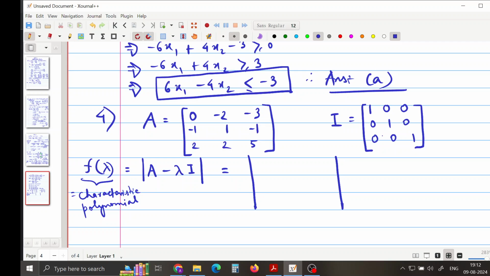All these elements minus 2, minus 3, minus 1, which are not along the principal diagonal, will remain as they are. Only the elements along the diagonal, which are 0, 1 and 5, will be affected. So this will become minus lambda, this will become 1 minus lambda, this will become 5 minus lambda. Does everyone agree with me?